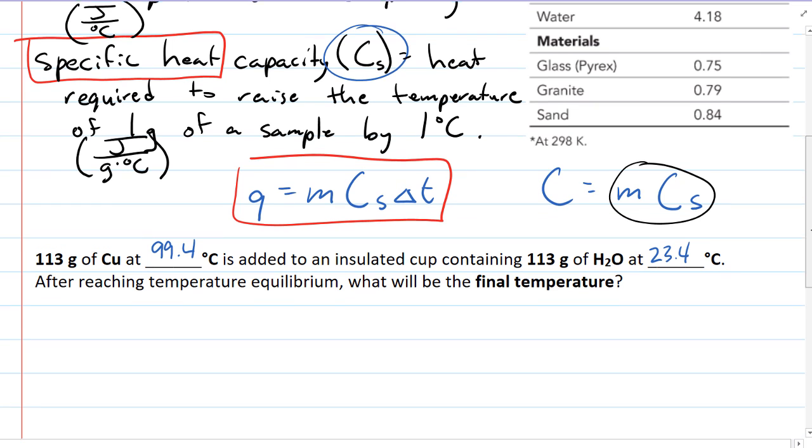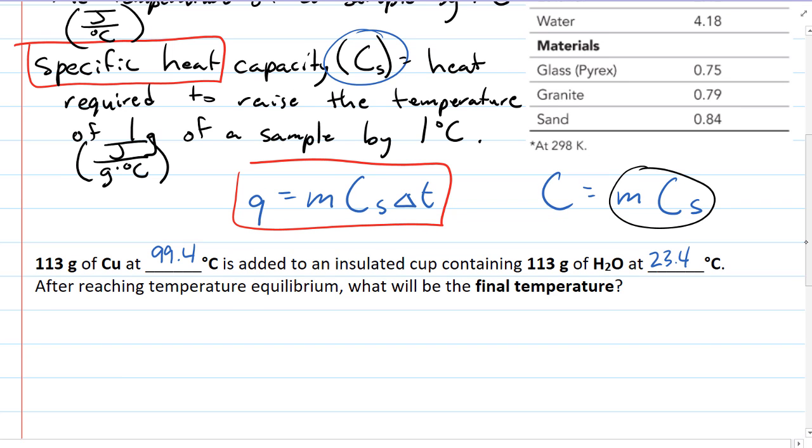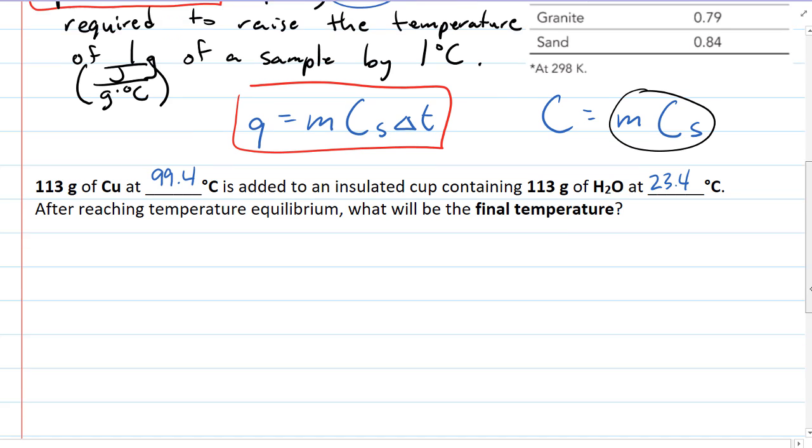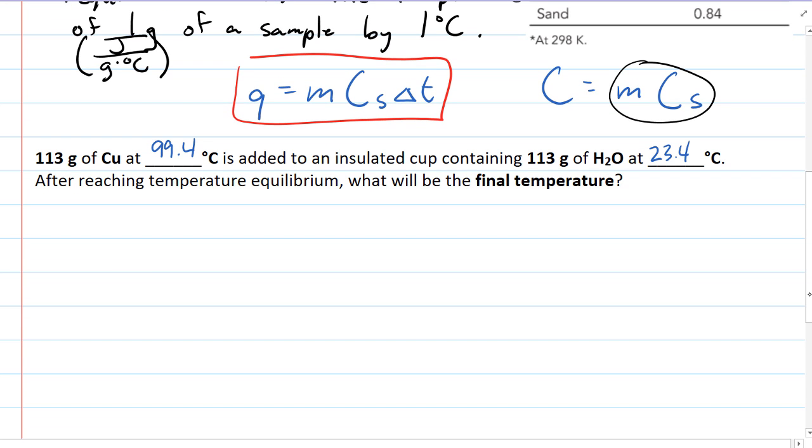We had 113 grams of copper at 99.4 degrees Celsius. We had 113 grams of water at 23.4 degrees Celsius. We want to know what is the final temperature. We figured out what that final temperature was experimentally the other day. Let's see if we can predict what that would be here theoretically.